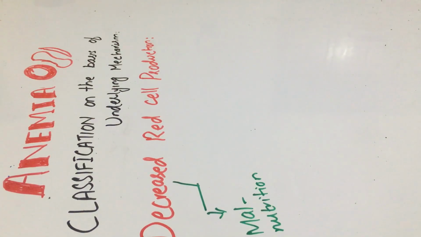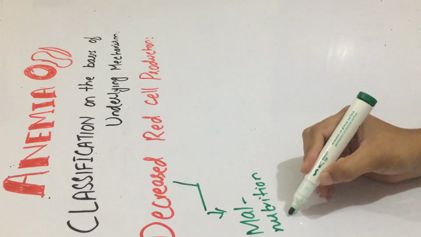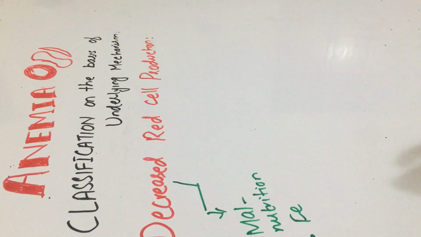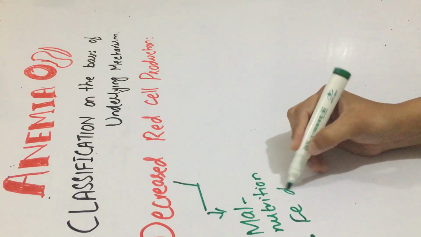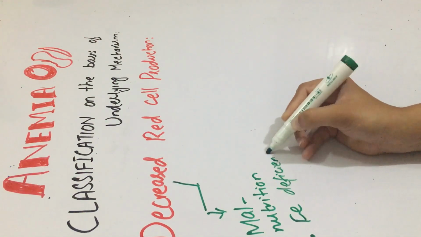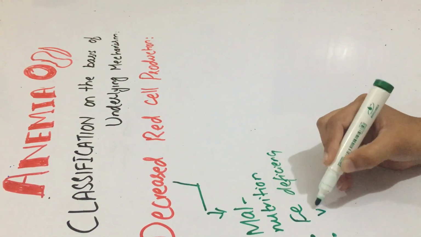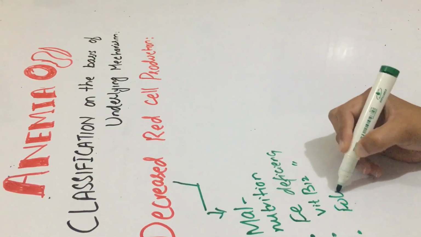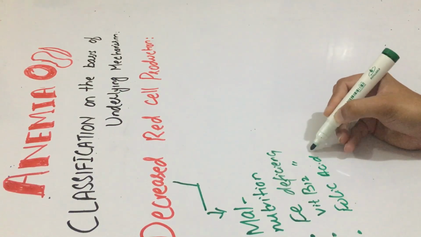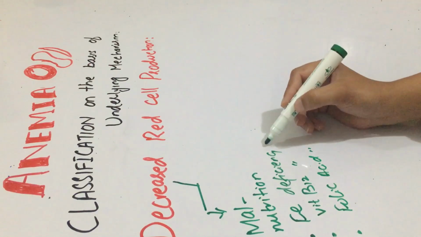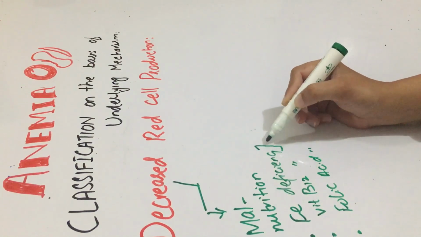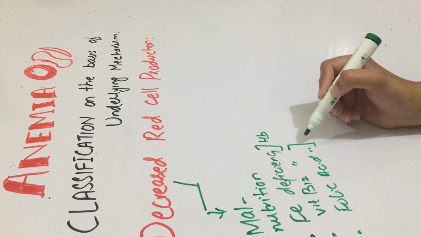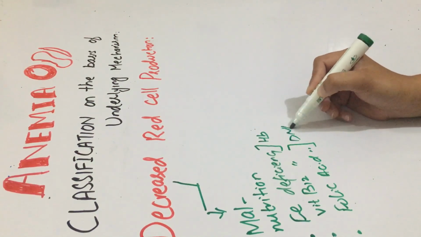Malnutrition means that there is either iron deficiency, because your diet is not adequate, you are not eating a balanced diet. There could be iron deficiency, vitamin B12 deficiency, and folic acid deficiency. You know that iron is required for the synthesis of hemoglobin, and vitamin B12 is required for the synthesis of DNA.